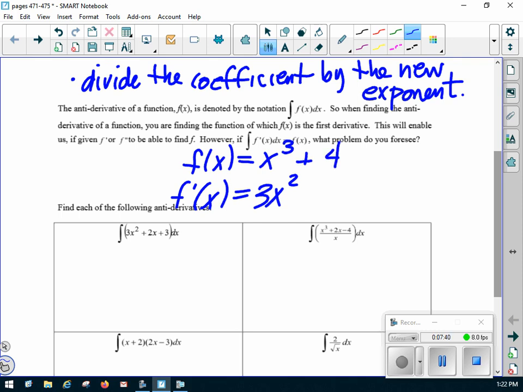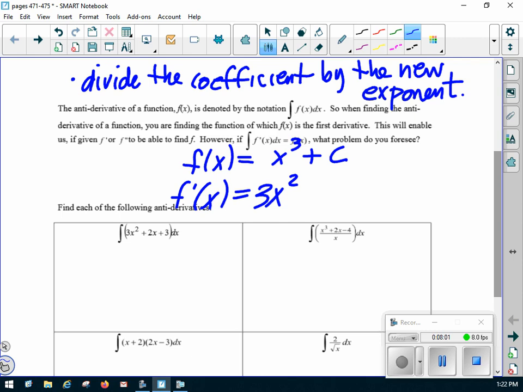What's the derivative of that? What's the derivative of that? Oh my gosh. Indeed. Don't forget the C.